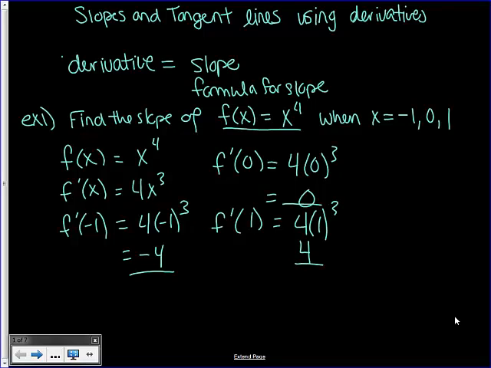Okay, we're going to find a couple more of those, maybe have a couple challenging problems, and then we're going to move on to tangent lines.